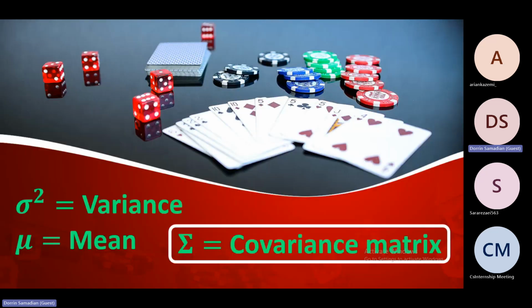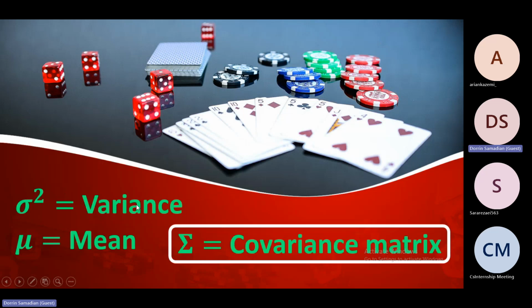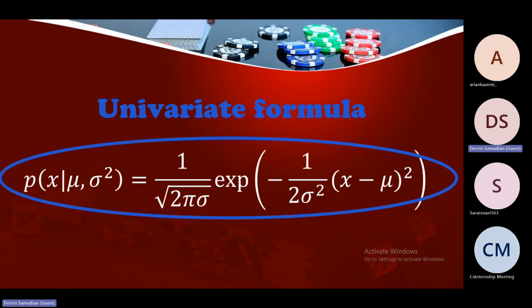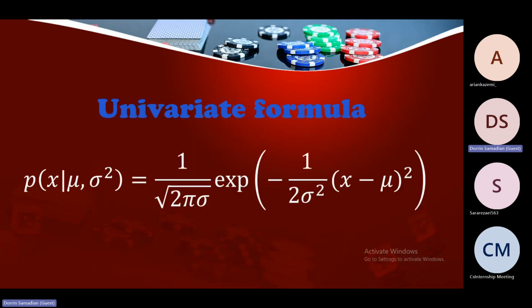Look, if we've got only the variance and the mean in the formula that I had shown you before, then we would have only a univariate Gaussian distribution, which is like this. This is so simple, and I have shown the mean, sample, and the sigma of this formula.